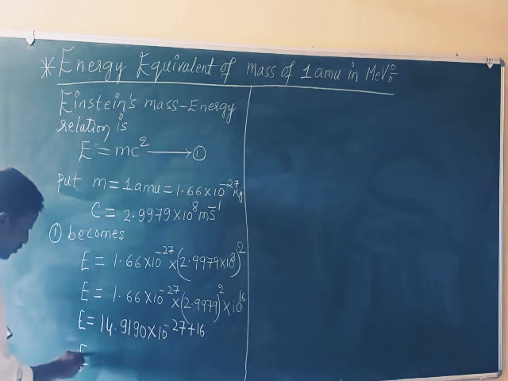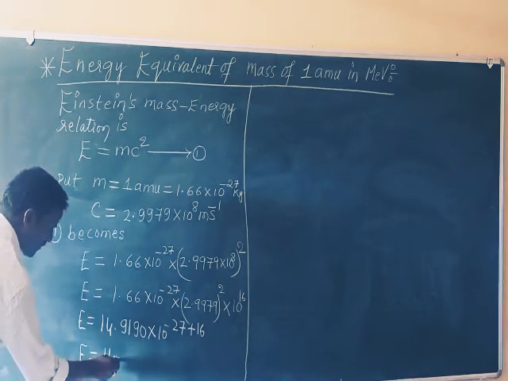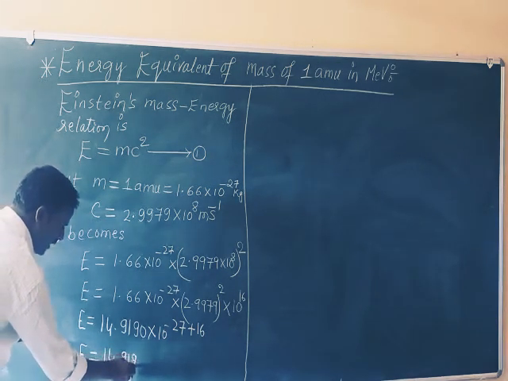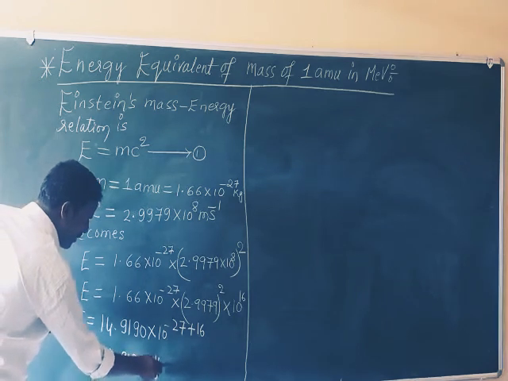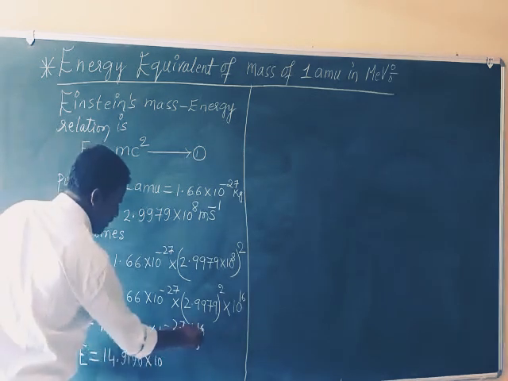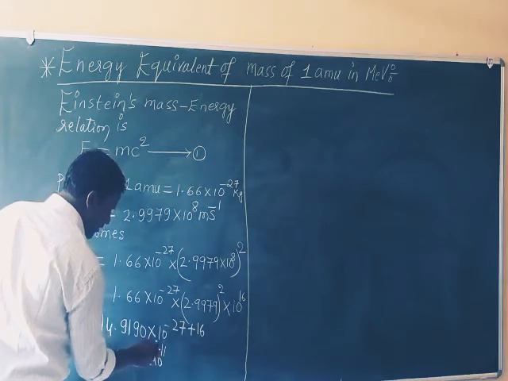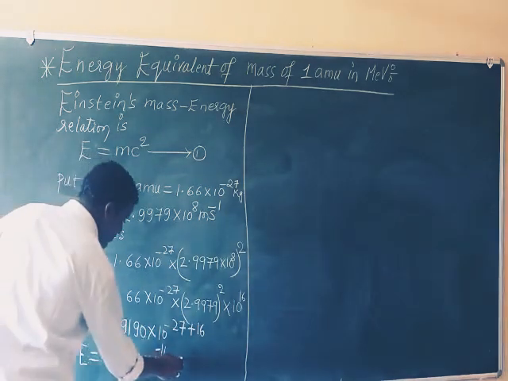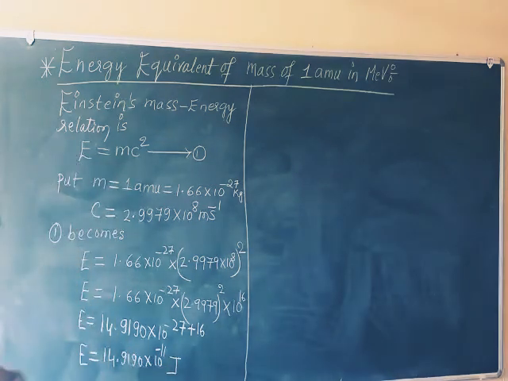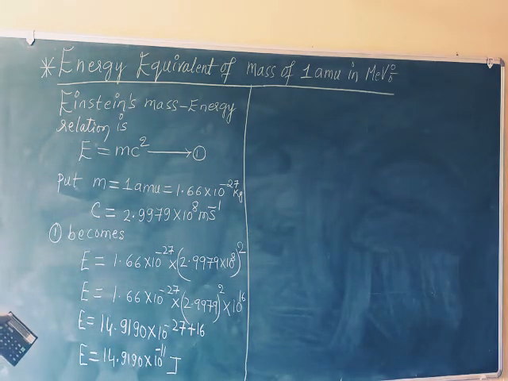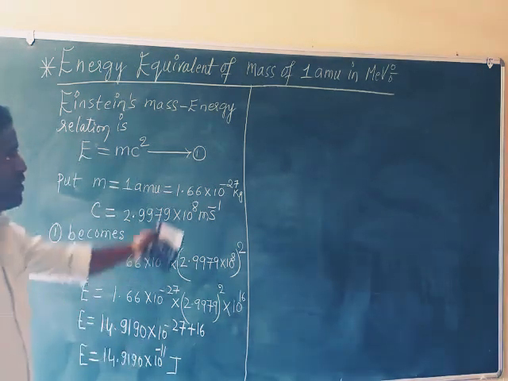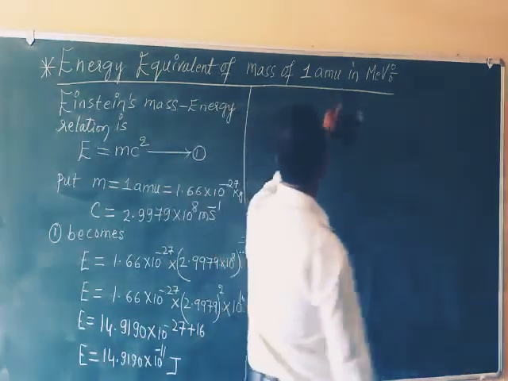So E equals to 14.9190 into 10 to the power of minus 11. It is in joule. See, energy obtained is in joule. What is the SI unit of energy? Joule. So now your mega electron volt energy.